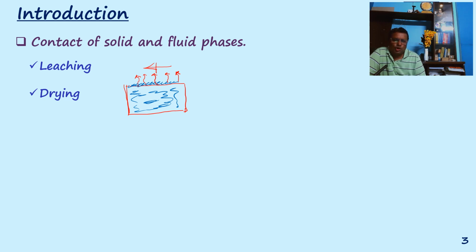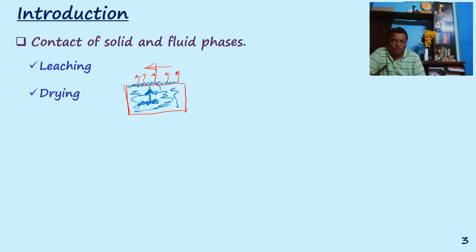For the moisture present on the surface of the solid, there is no diffusion through the solid involved. But if you talk about moisture present within the solid, then before getting evaporated, this moisture will have to move through the solid and come to the surface, and then it will be evaporated.